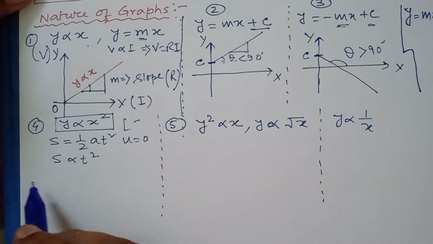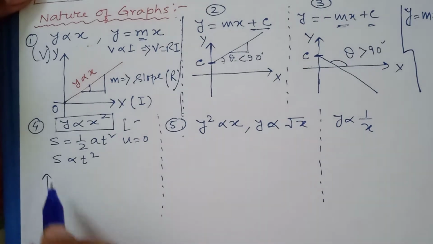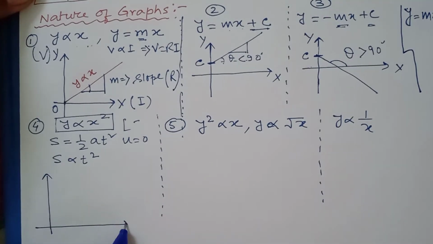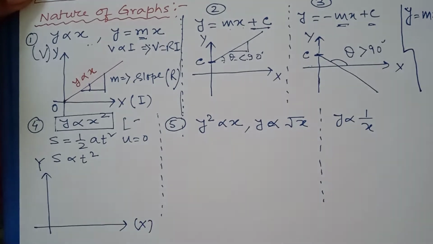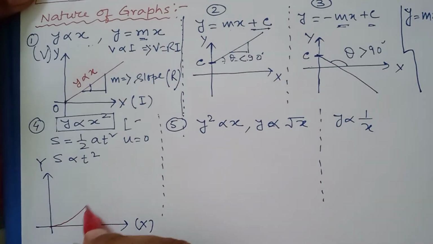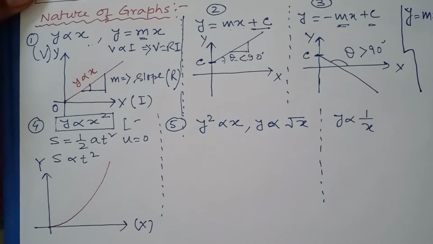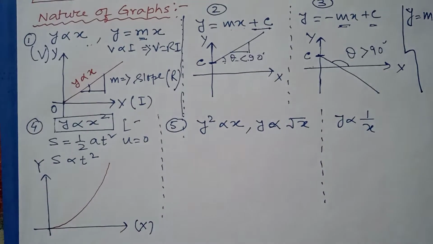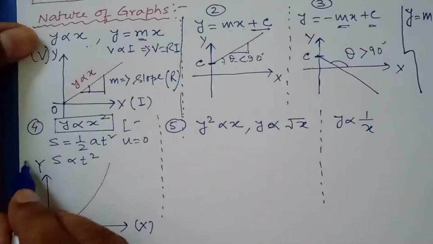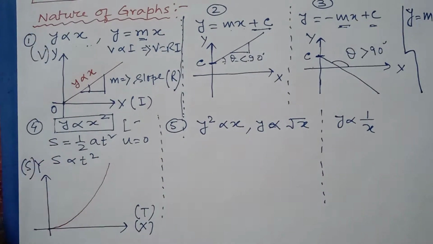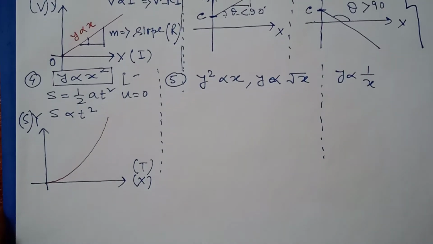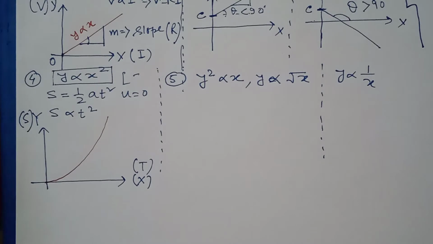So students, this is an acceleration graph. So if you plot y and x, the acceleration graph will be like this. And you know, students, if you draw y as displacement and x as time, then the graph will be like this. Am I right, students?